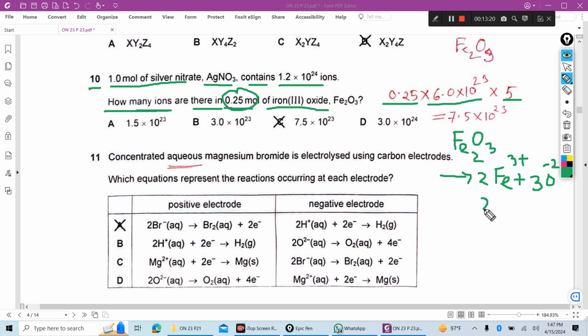So total 2 plus 3, total ions will be 5 ions. So now mole times Avogadro constant times number of ions of that substance. So here 2 iron ions, 3 oxide ions, that's why times 5, giving 7.5 times 10 to the power 23. Answer is C.